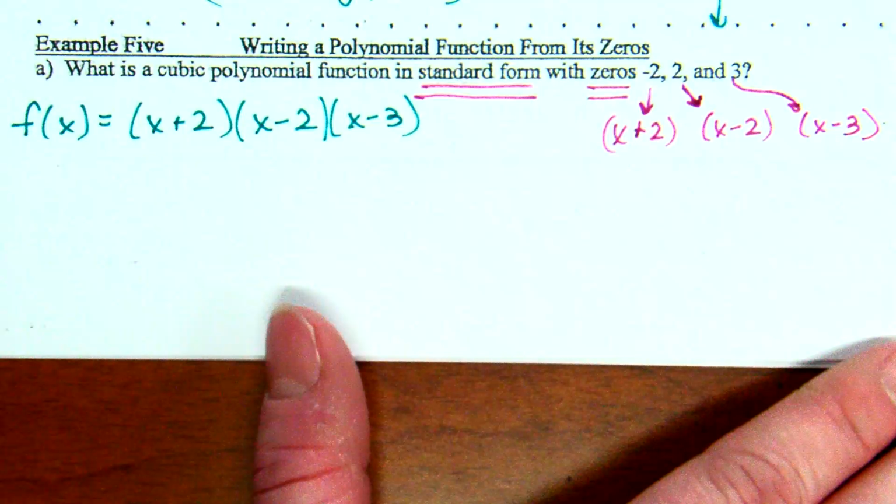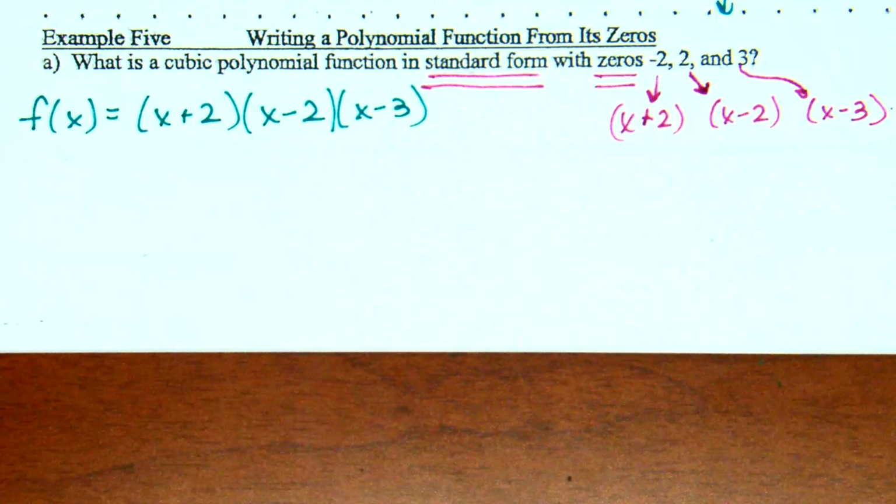Now, can I leave it in that factored form? What did the directions ask for? Standard form, which means they want it multiplied out, highest power to lowest power. Technically, it's going to be more than just ax squared plus bx plus c; we're actually going to have ax cubed here.